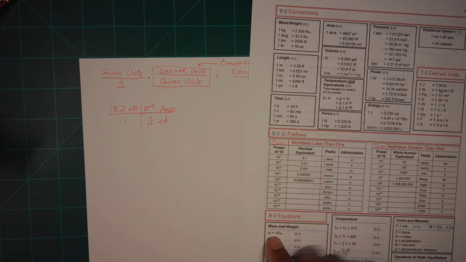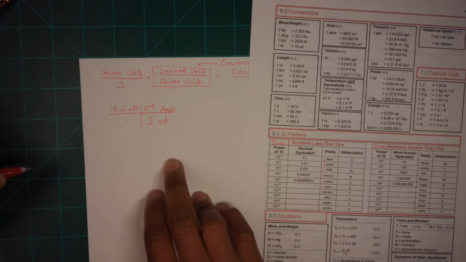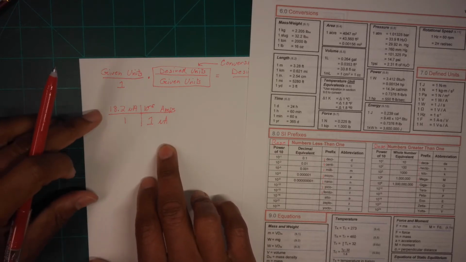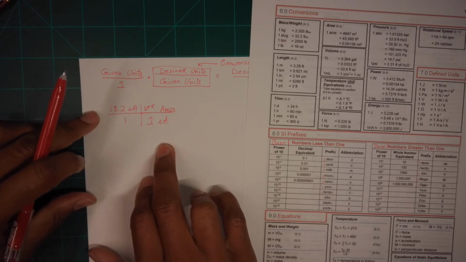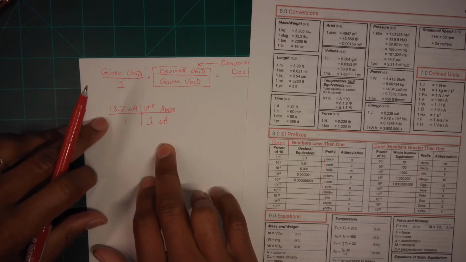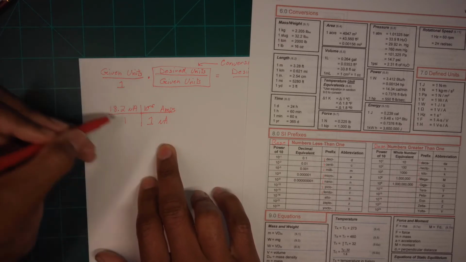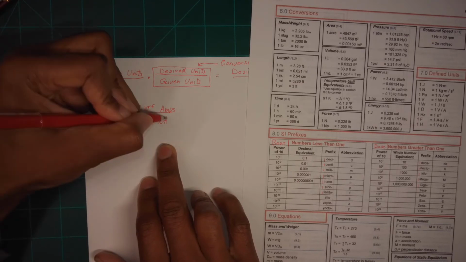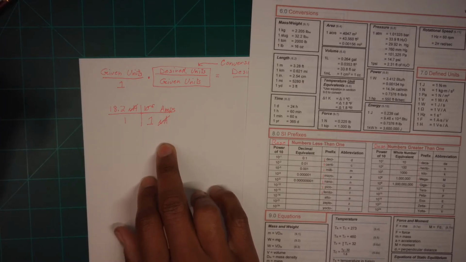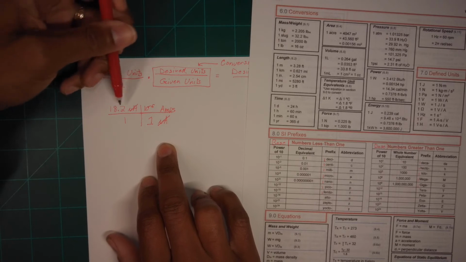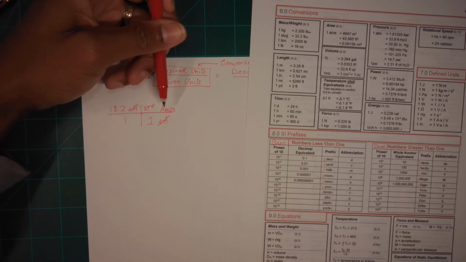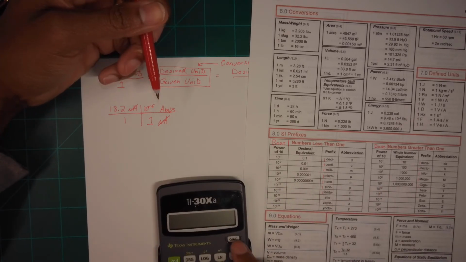Now, using a conversion factor to cancel unwanted units is similar to multiplying fractions. I'm going to cancel out microamps, and when we multiply across, we get the desired units we're looking for.